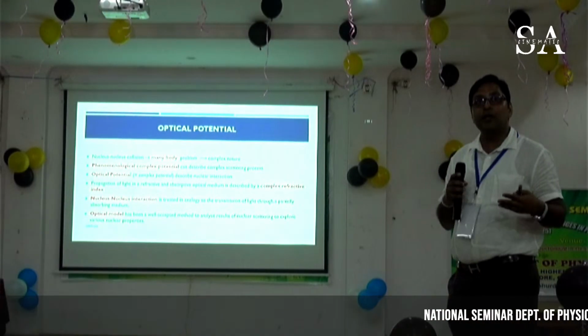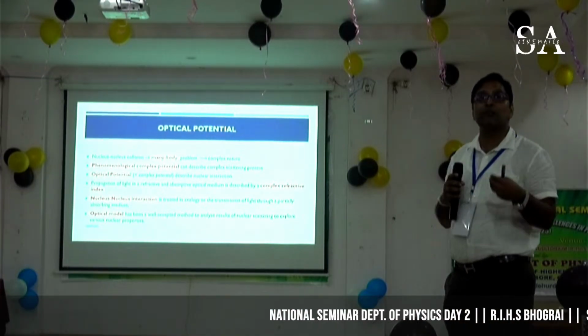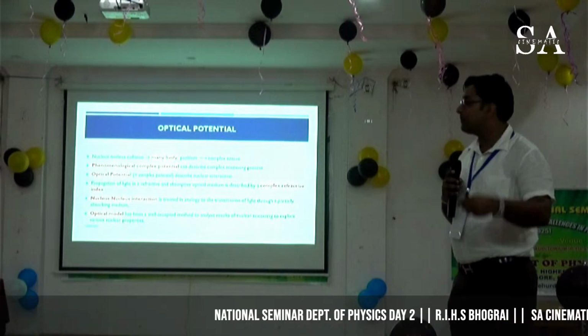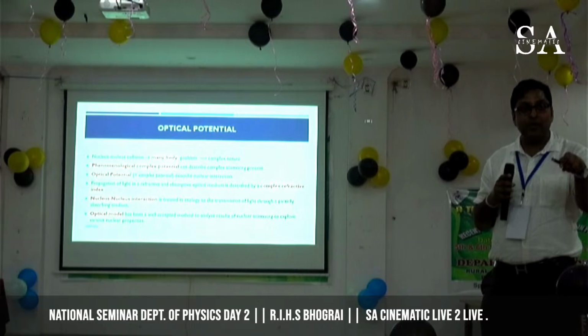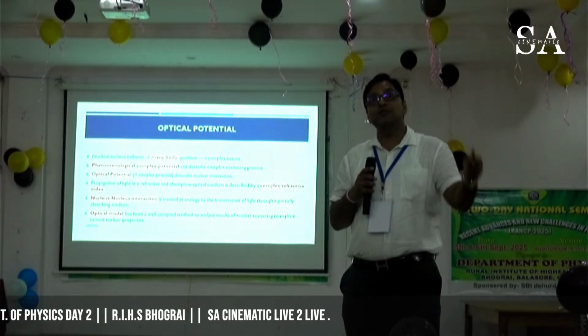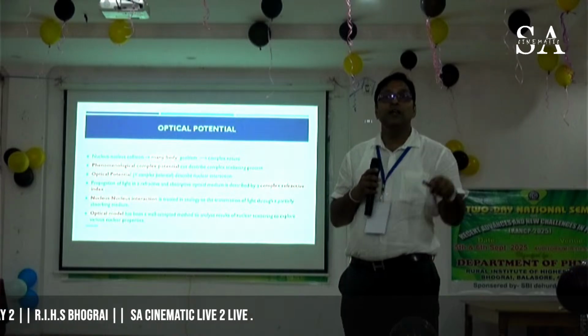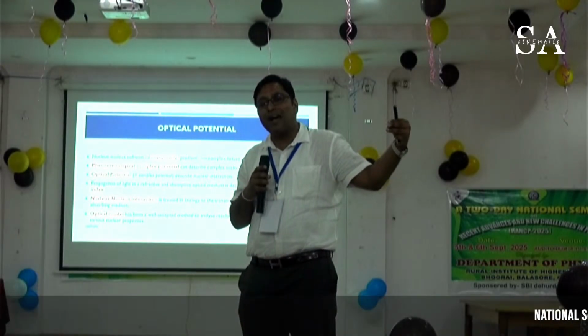Already I talked about the nucleus as a many-body system. We need a phenomenological complex potential in order to highlight the loss of flux. Then, the complex potential, why is it optical? Because it is equivalent to a complex refractive index in optics. So that is why this potential is called the optical potential. Complex refractive index also indicates the loss of rays when the ray passes through a medium.